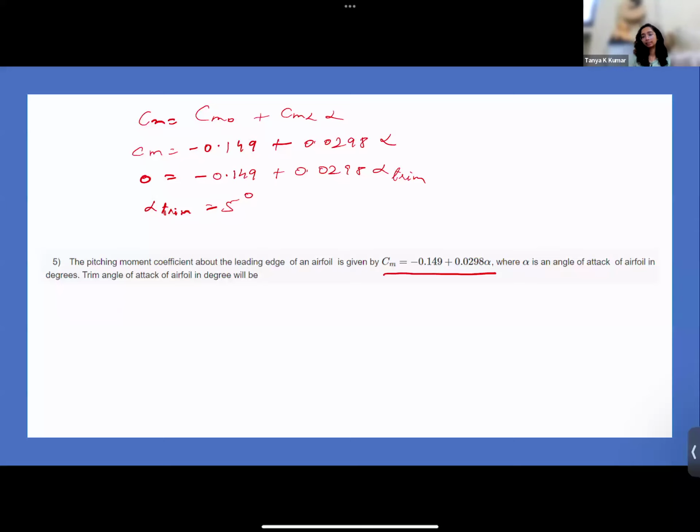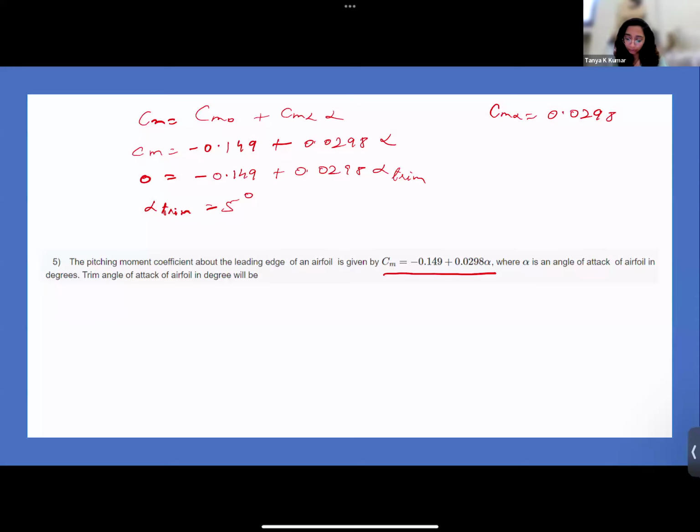Stable. Why? Because your CM alpha is positive. Your CM alpha is plus 0.0298, which is a positive quantity. So your slope is positive. So the aircraft is not stable.